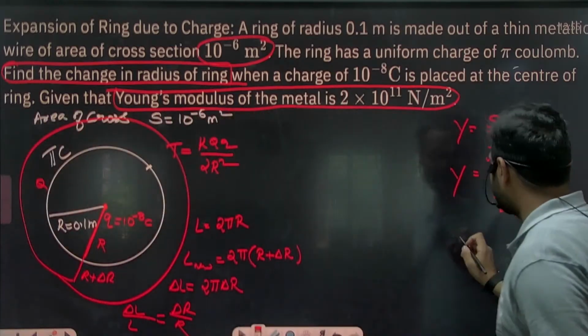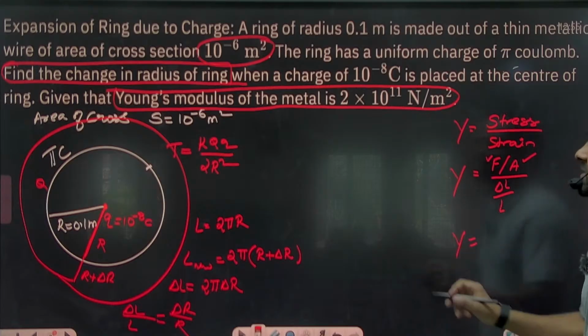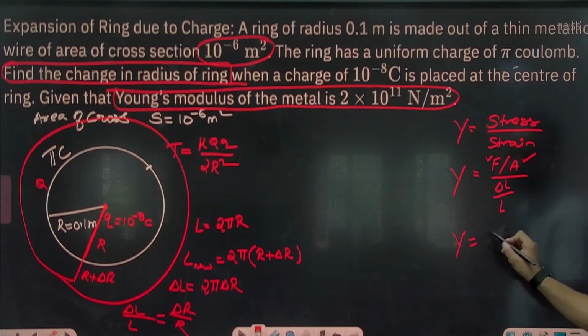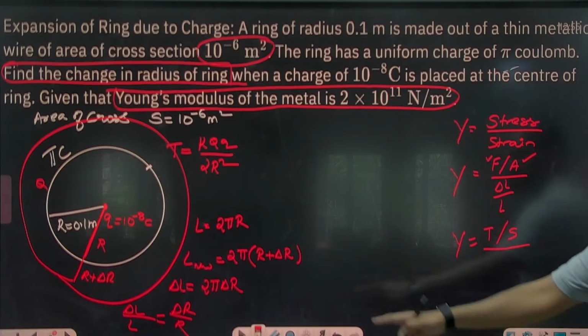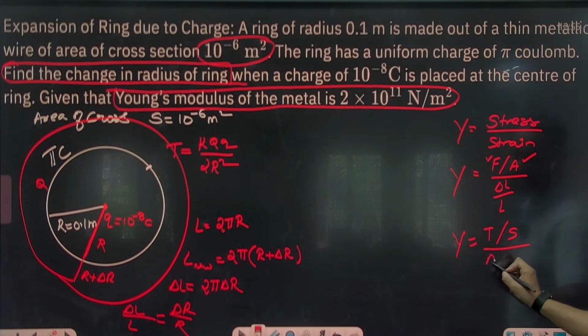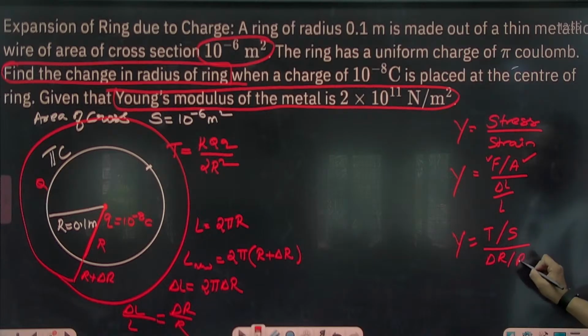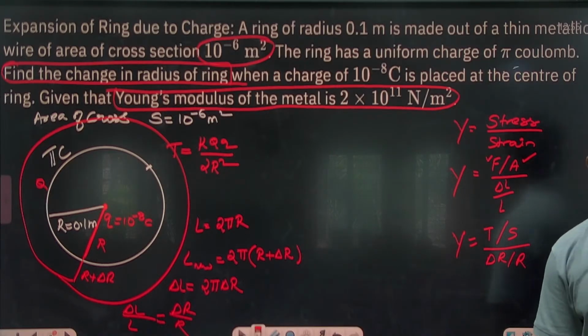So can I write this formula? Young's modulus is equal to the force, the tension, divided by cross section area S, divided by delta L by L. Can I write it as delta R divided by R? What are they asking in the question?